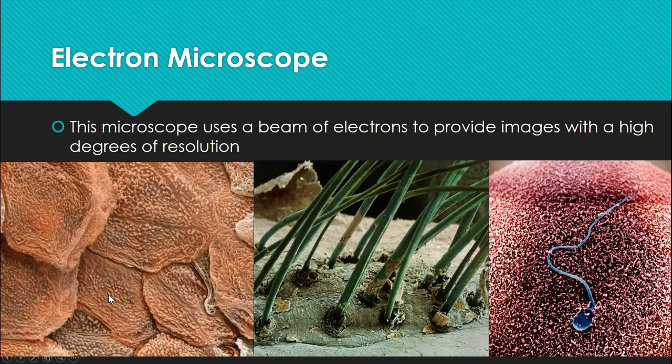This is the epithelial layer on the outside, which is overlapping layers of dead skin cells that make up the hard outer layer. This is a picture of someone's eyelash, which has clearly been magnified quite significantly. And here we have a picture of an egg with a sperm that's trying to fuse with that egg to make a fertilized egg.